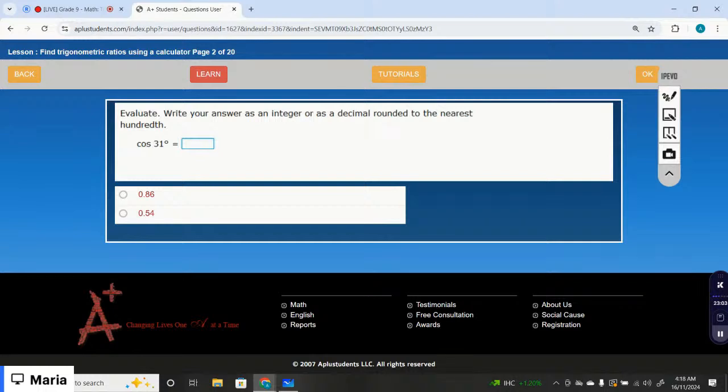Cos 31. That is 0.86. Option number 1 is the correct option.